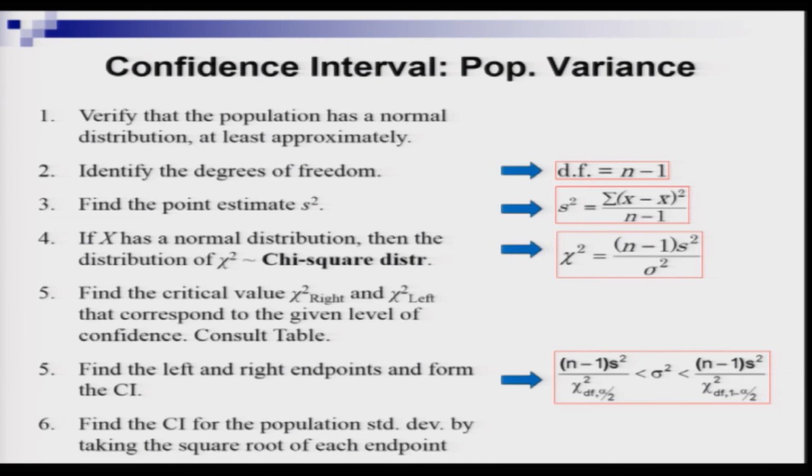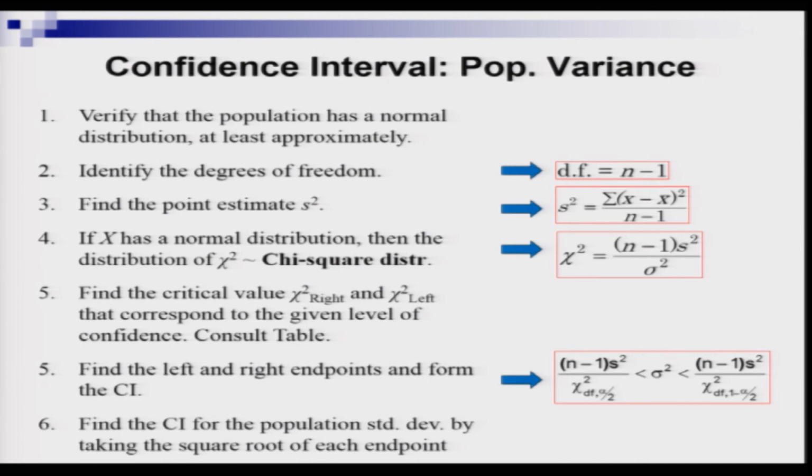The lower endpoint is a ratio of n minus 1 times the sample variance and the chi-square right critical value, and the upper limit of the confidence interval is again a ratio, and this time n minus 1 times sample variance is divided by the chi-square left critical value.